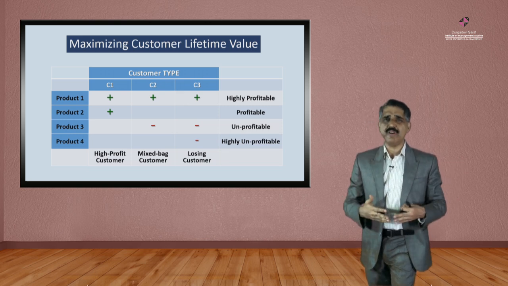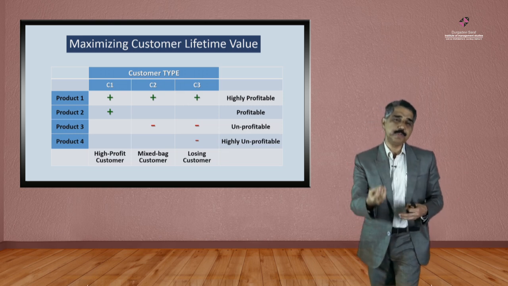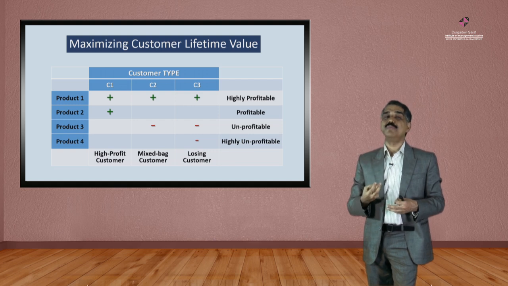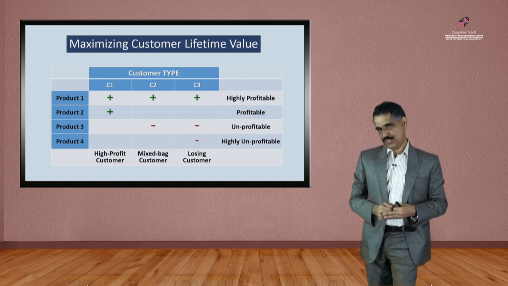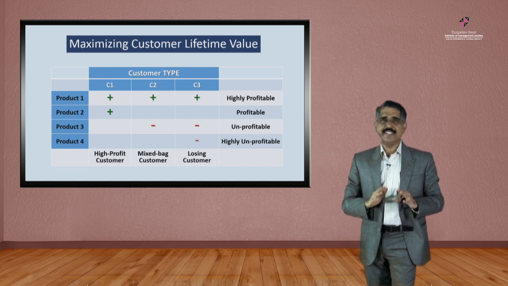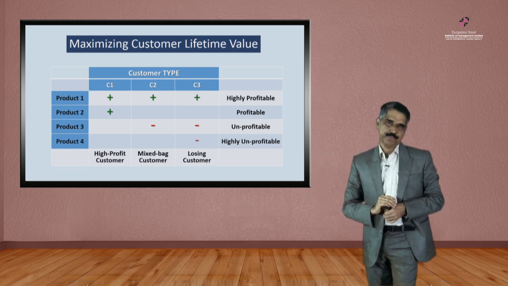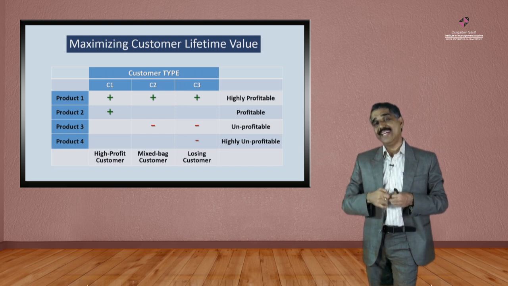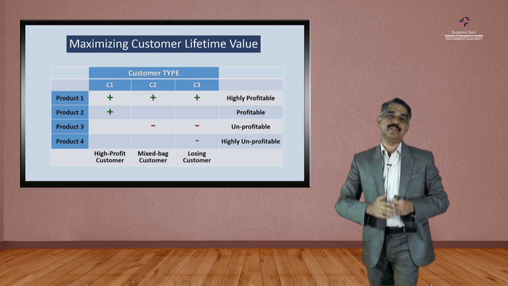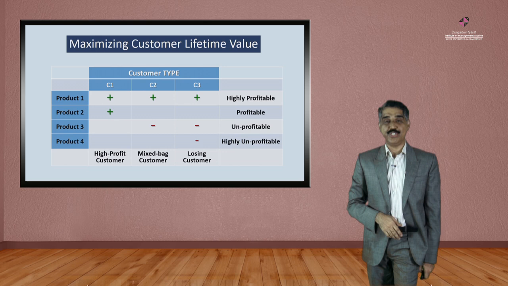It's almost impossible. So lure this particular customer to buy a product that gives you profits. So these all are different strategies as far as the marketers are concerned to increase the profitability of the organization.